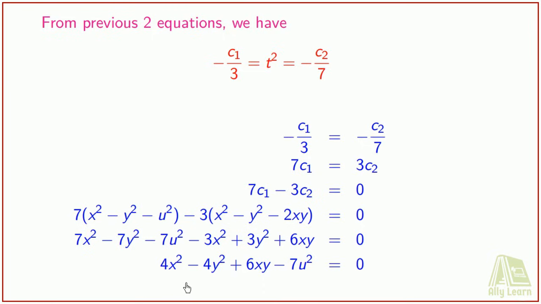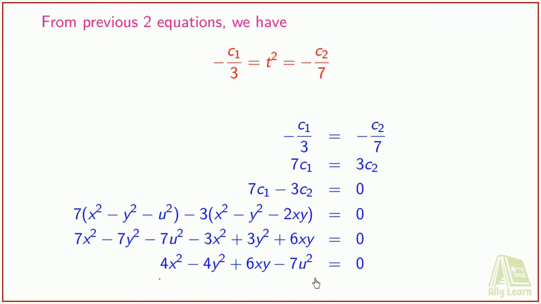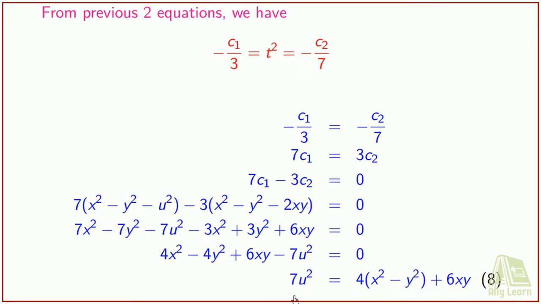Now I take a few terms here, and then I get 7u square equals this thing. I interchange LHS and RHS to get this equation number 8.